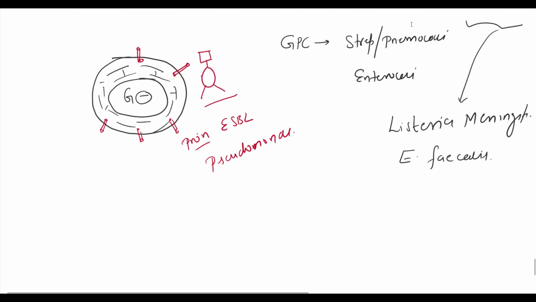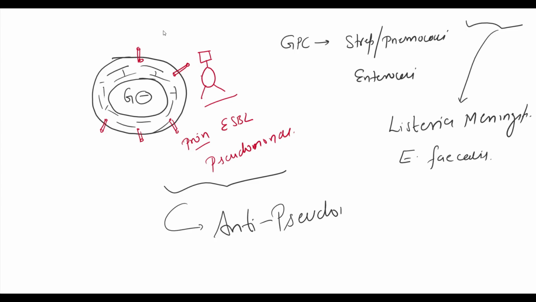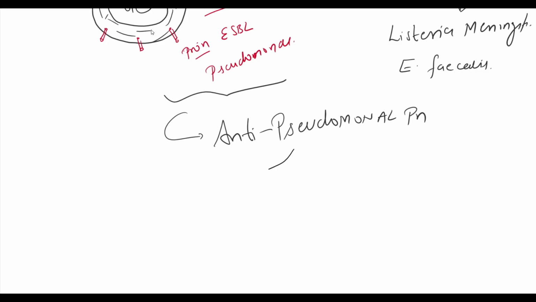And this modified penicillin molecule is now known as anti-pseudomonal penicillin. This anti-pseudomonal penicillin constitutes two groups of penicillin. One is carboxypenicillin and another is ureidopenicillin.